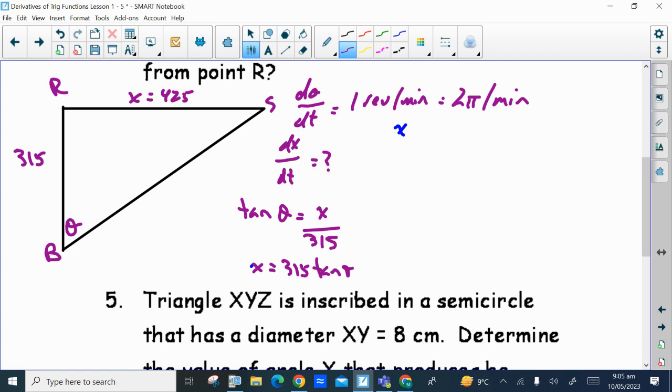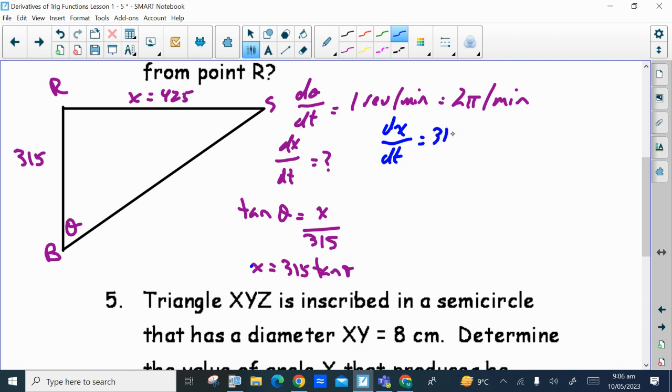So we want to know what dx by dt is, and we're given d theta by dt. So to get dx by dt and d theta by dt in this equation, we need to differentiate both sides with respect to time. So the derivative of x with respect to time would be dx by dt. And when you differentiate 315 tan theta, the derivative of tan theta is sec squared theta.